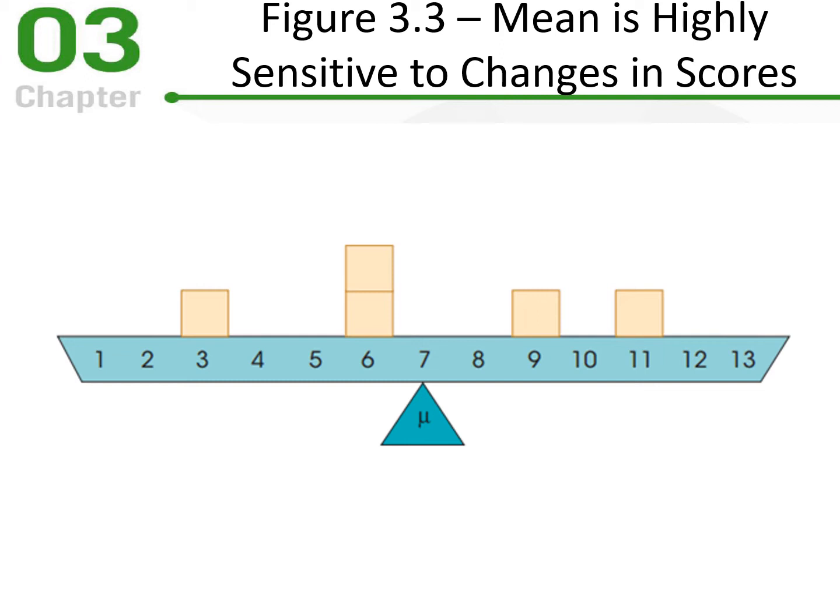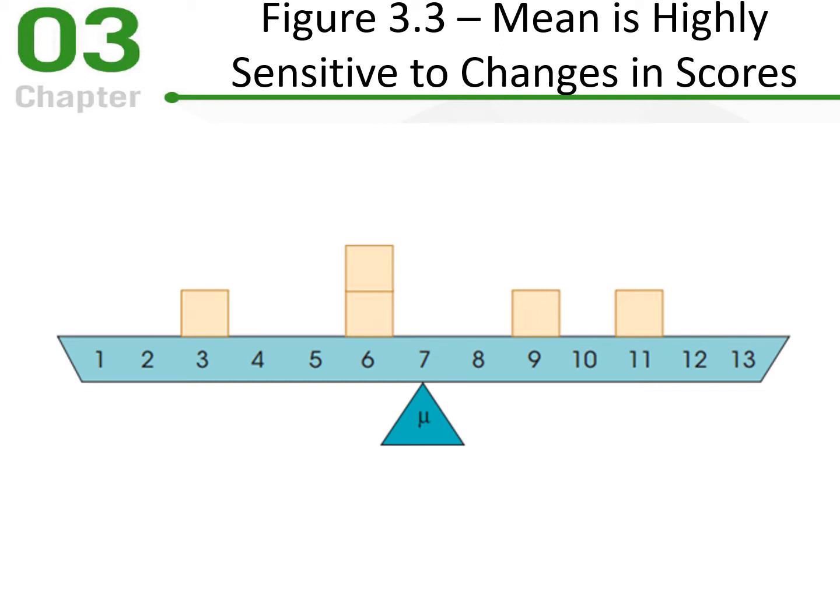So 36 divided by 6 gives me 6. So you see if I add an extreme low score like 1, I'm pulling the mean in that direction. The mean shifts from 7 to 6. The mean is being pulled in the direction of that low score.